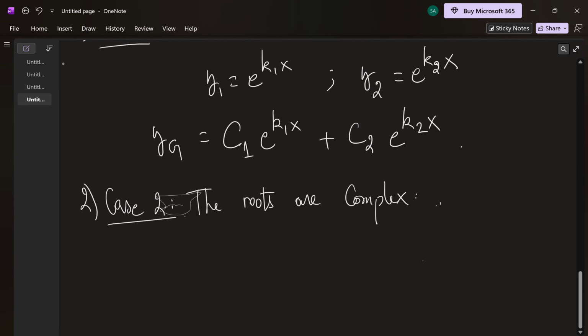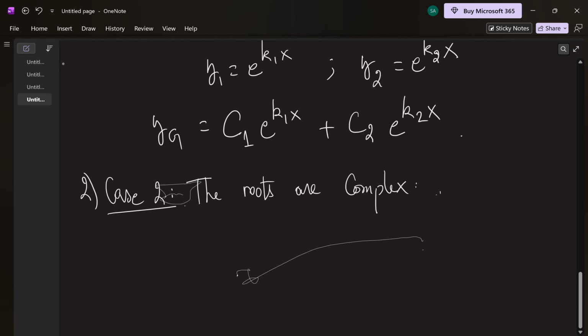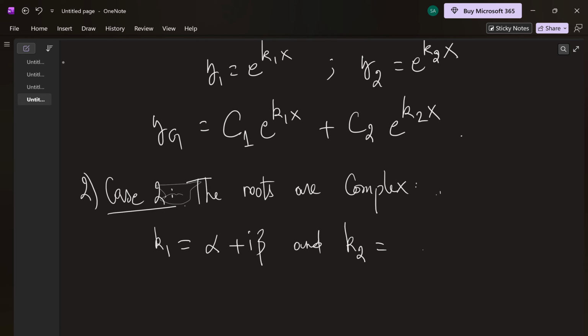That is, we have k1 is equal to alpha plus i beta, and k2 is equal to alpha minus i beta.